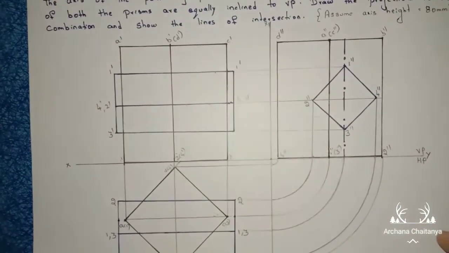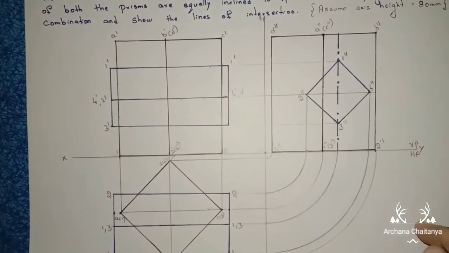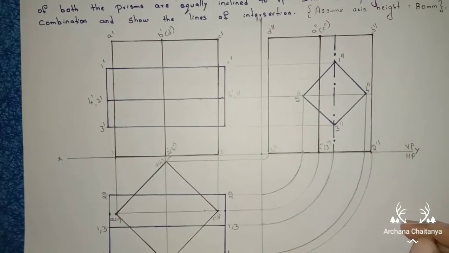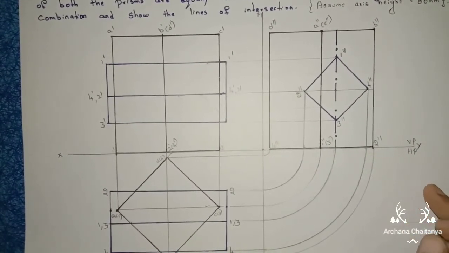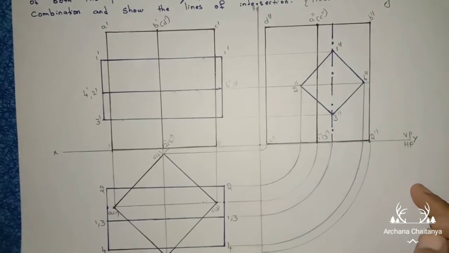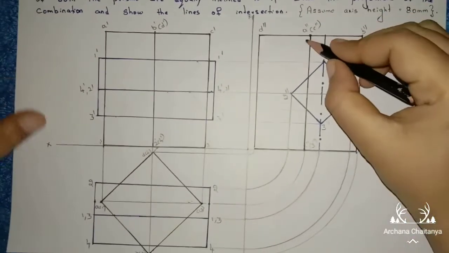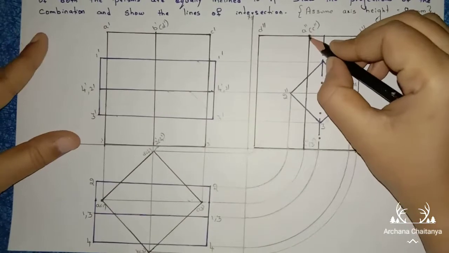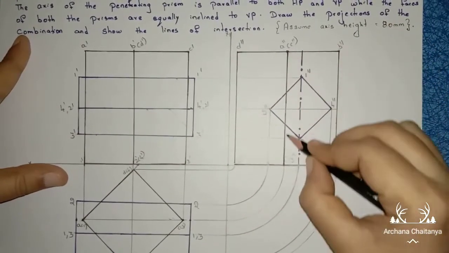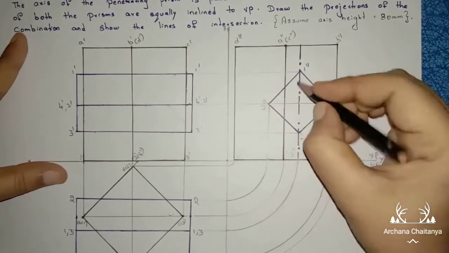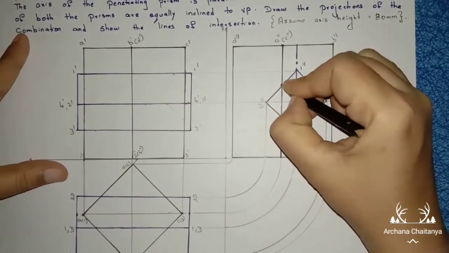Right, now you should mark the lines of intersection. Now how to mark the lines of intersection? This is your original axis line, this is the square prism, and this is the coincidence point here.